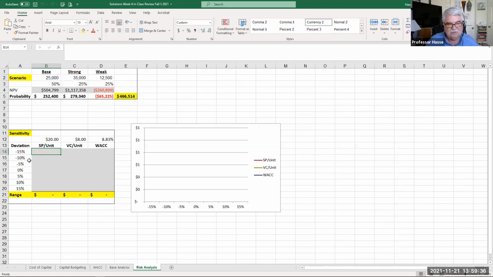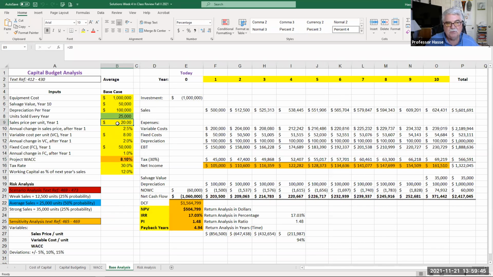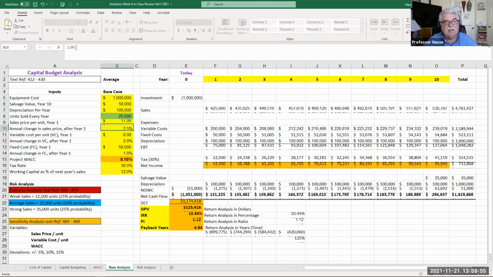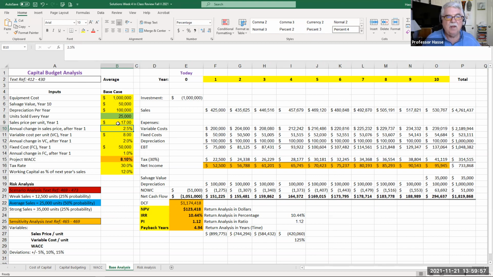Here's that chart we just saw. I'm now going to change the selling price per unit by negative 15%. Here's the selling price per unit, which is $20. I'm going to put in this cell equals $20 times 0.85, and I get 17 bucks. Why 0.85? That's a 15% reduction from 100%.